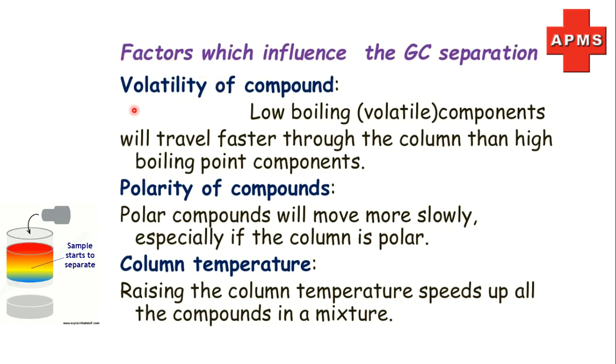If you put that compound in a beaker, it will vaporize in very little time. So due to this volatility, the compound will interact less with the stationary phase and be less soluble in it, so it will travel faster and come out first from the column.